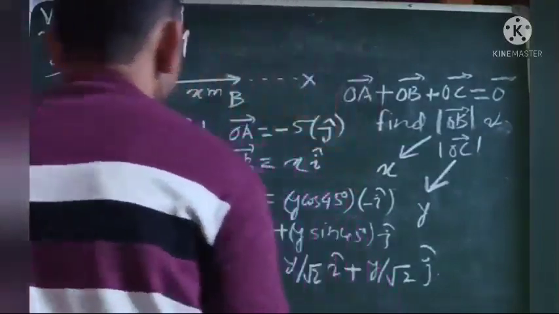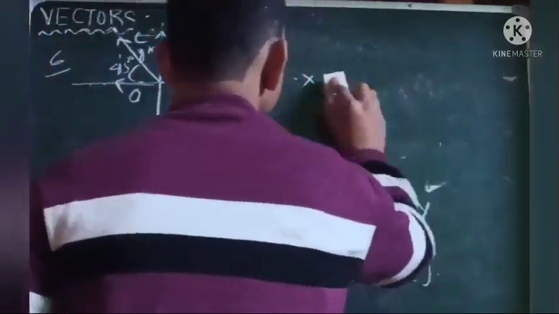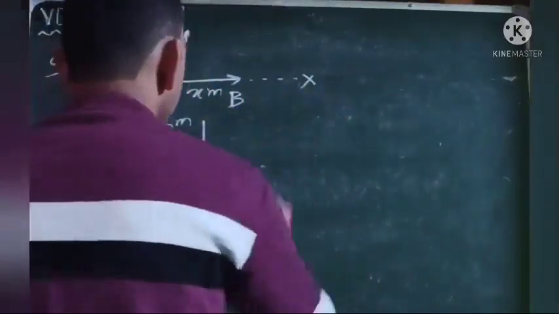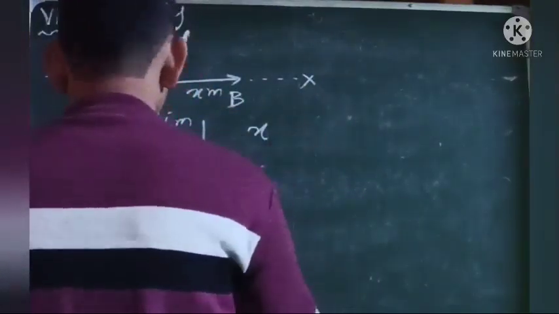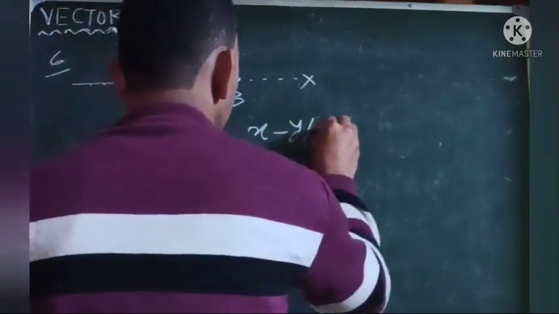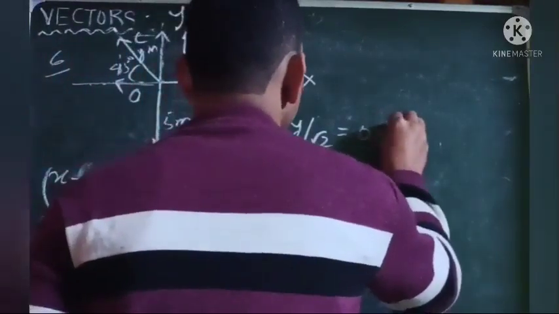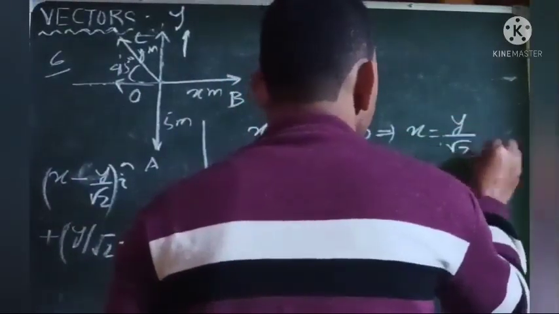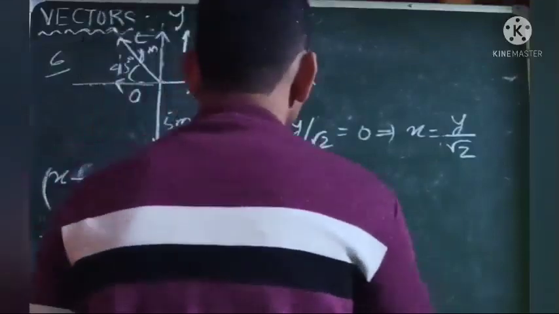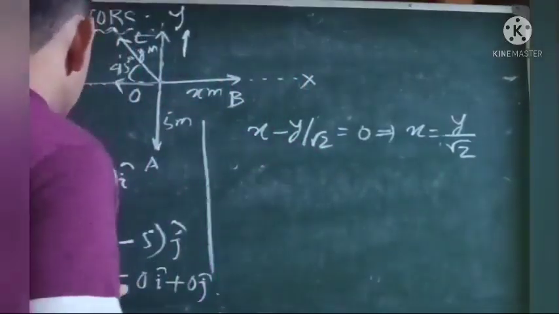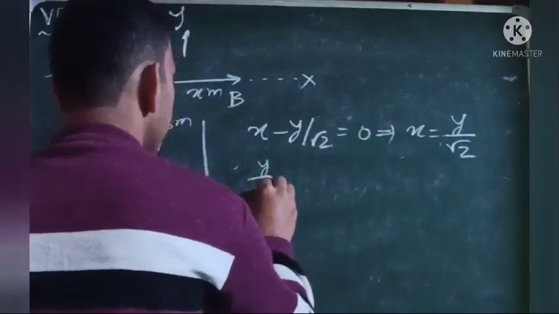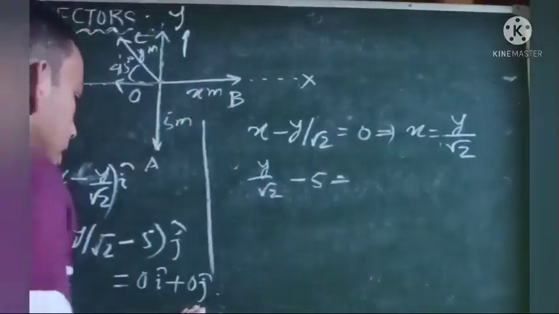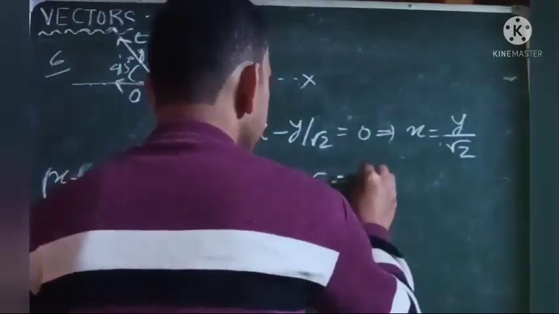x minus y upon root 2 is going to be 0. Therefore, we get the first equation as x equal to y upon root 2. Next we have to equate the j components. y upon root 2 minus 5 is going to be equal to the j cap component on the right hand side, which is 0.